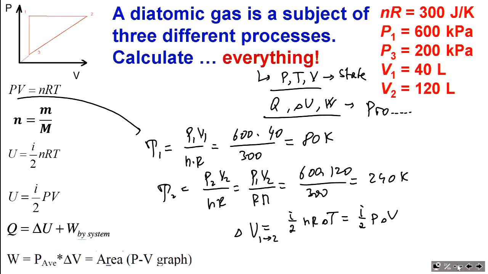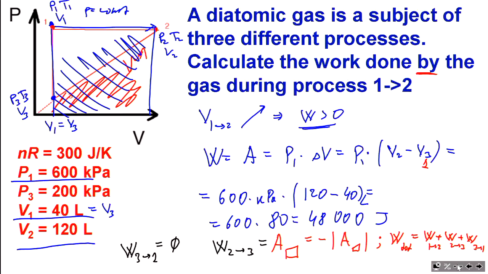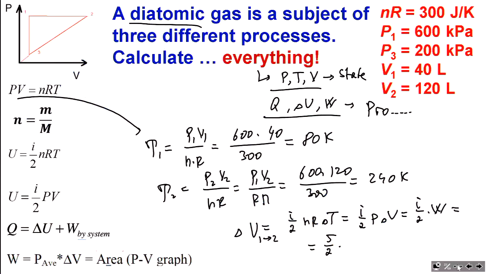Or it can be equal to i over 2 times W. Because it's a diatomic gas, 5 divided by 2 times the work we have found, which was equal to 48,000 Joules.